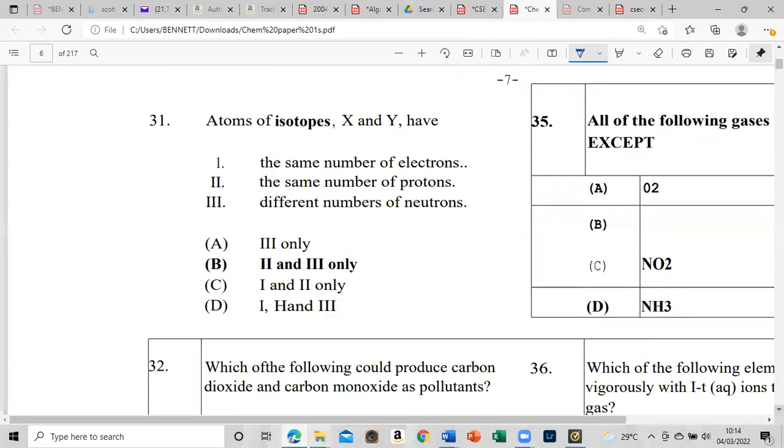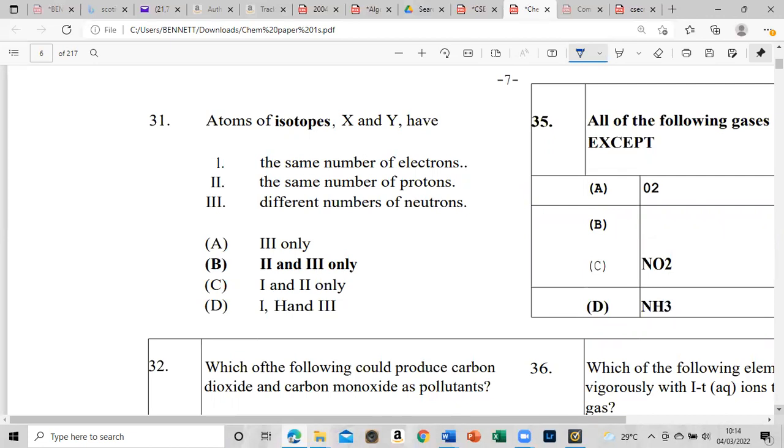Let's move on to 31. All right. Atoms of isotopes X and Y have 1, the same number of electrons, 2, the same number of protons, and 3, a different number of neutrons. I'm thinking this is the R3.